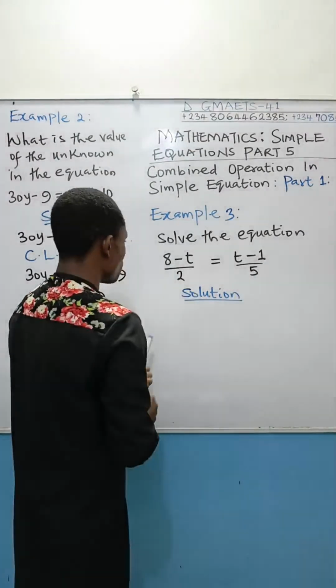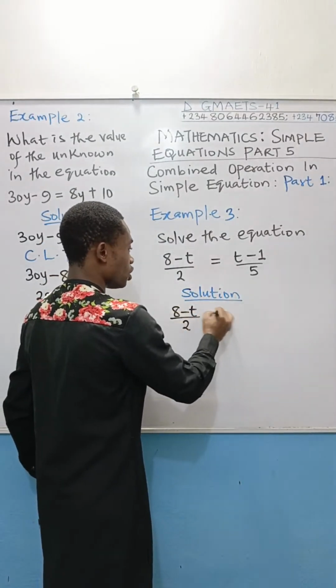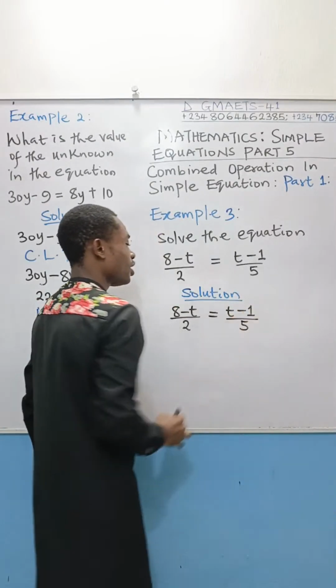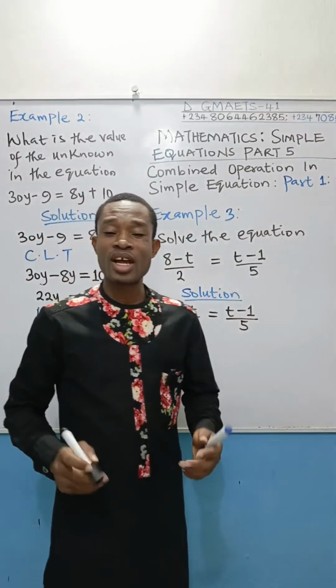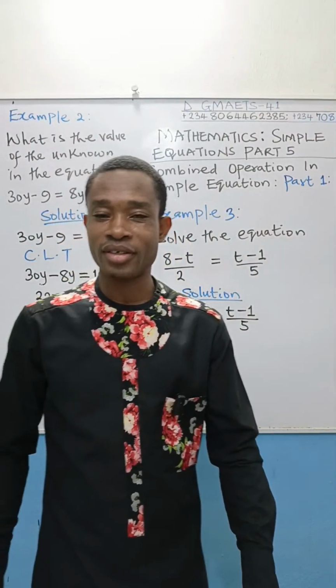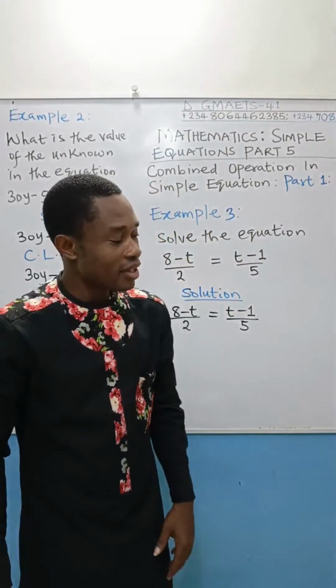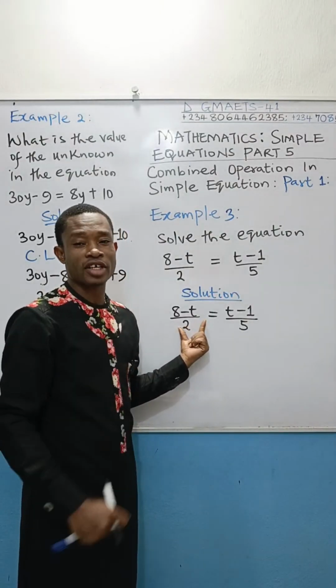Now the question given to us to solve is 8 minus t over 2 equal to t minus 1 over 5. If you look at this question carefully, you would see that we have fraction there. Now, this fraction that we have on the left-hand side is a single fraction.